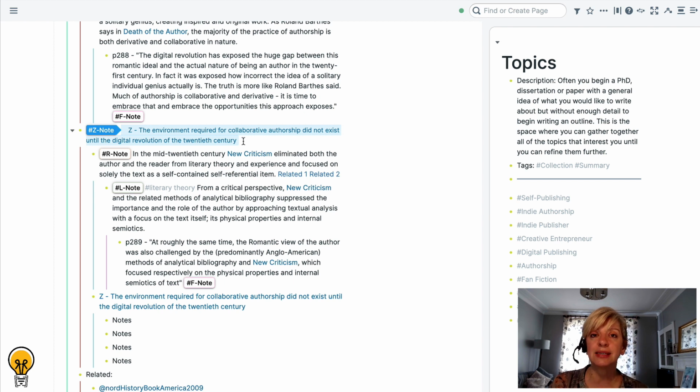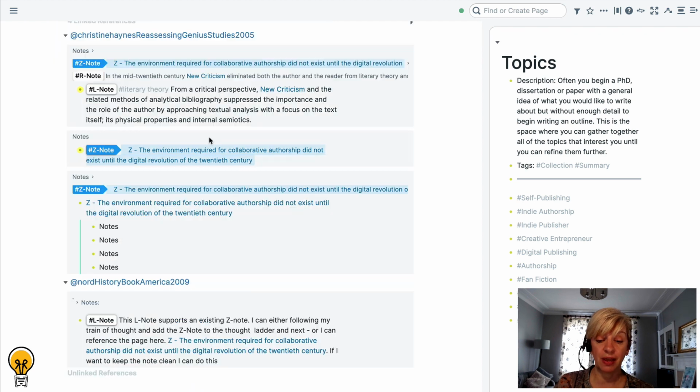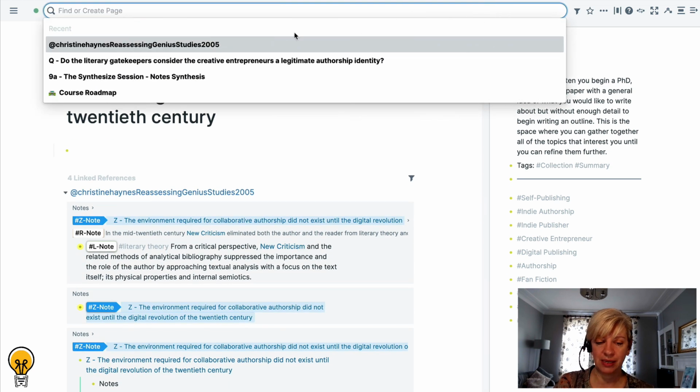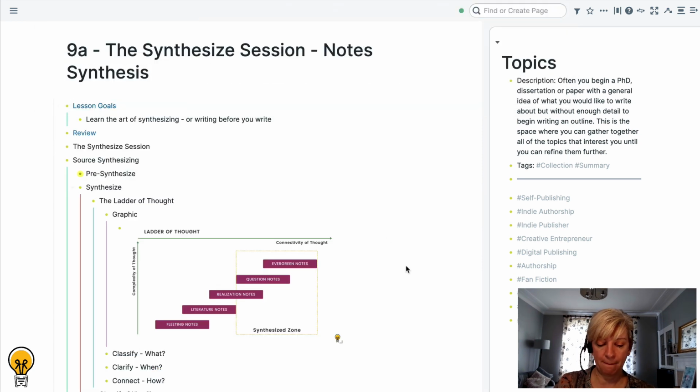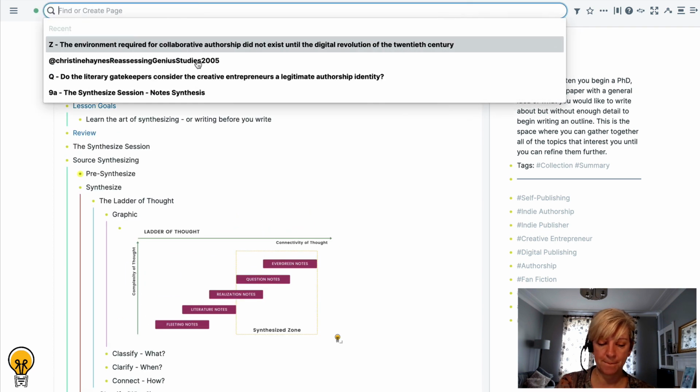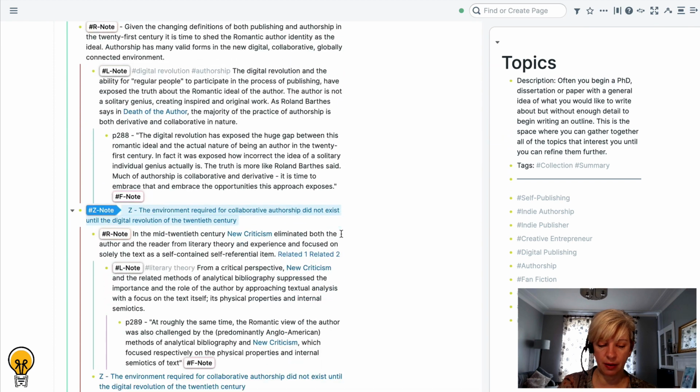And the reason that is a Z note is because I have already done tons and tons of research on that, and I feel quite confident that I have enough robust support to actually make that statement. Now, if you were to click on this, you'll see that there isn't any robustness, but that's because you're not in my personal database, so you don't see everything that has been done. But you can imagine that that is completely backed up. Oh, sorry, we need to go back here. So that is an example of a Z note.